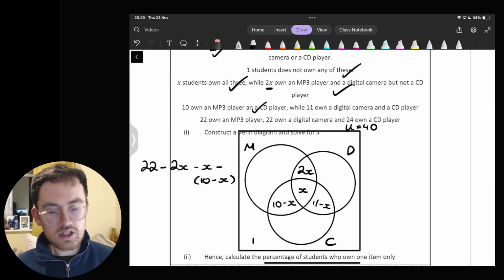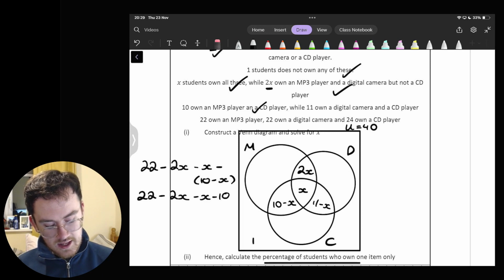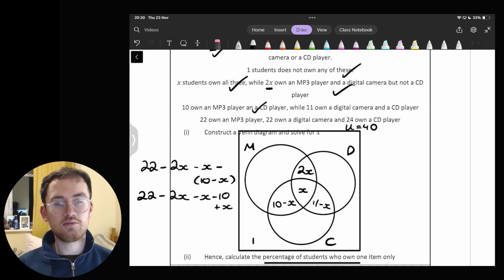The last one's the one to be really careful of. So 22 minus 2x minus x minus 10, and that's going to become plus x now because it's minus x.